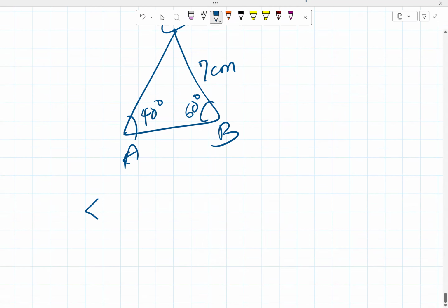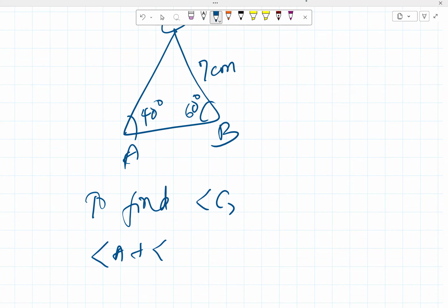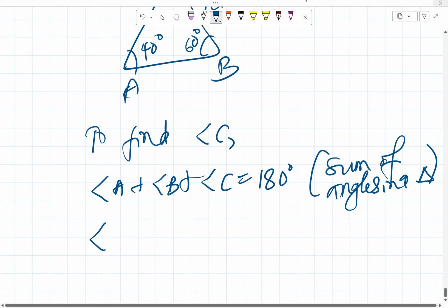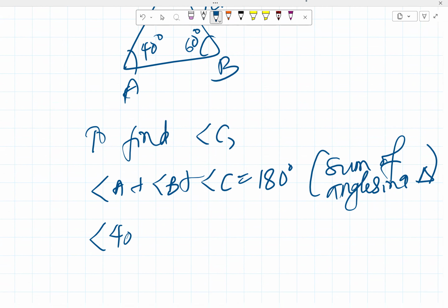First of all, you can find angle C. Let me go step by step. You know that angle A plus angle B plus angle C is equal to 180 degrees, the sum of angles in a triangle. Angle A is 40 degrees, angle B is 60 degrees, and angle C is what you're looking for.